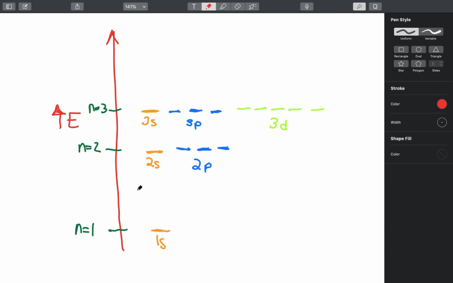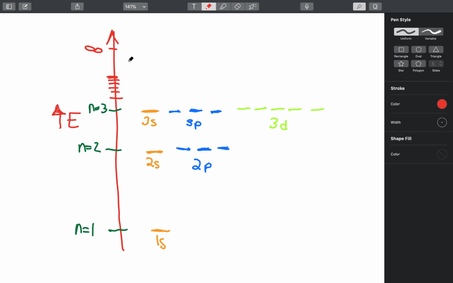So as you'll notice here, as the values of n increase, the difference between energy levels decreases. So as we go up, the differences will continue to decrease all the way up to infinity. So the differences between the energy levels decrease as we go up in the energy shells or the electron shells.